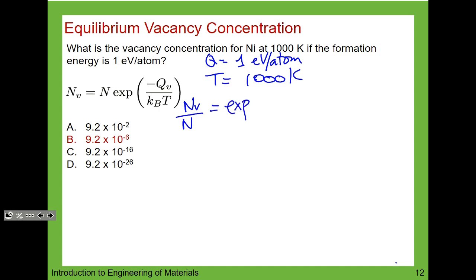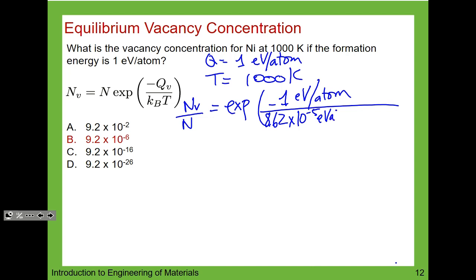So if we plug in the Boltzmann constant, 8.62 times 10 to the negative 5 eV per Kelvin, we get 9.2 times 10 to the negative 6, right?